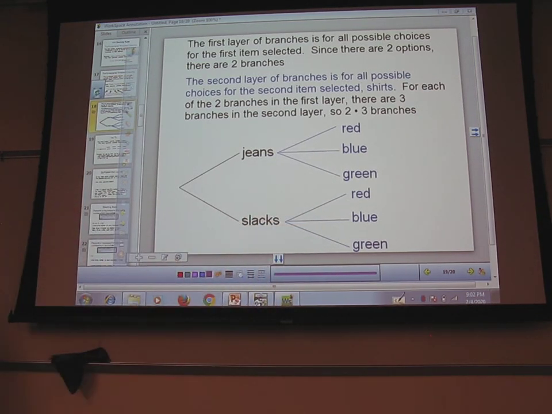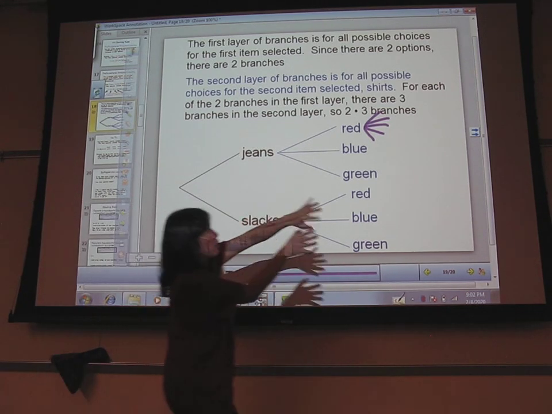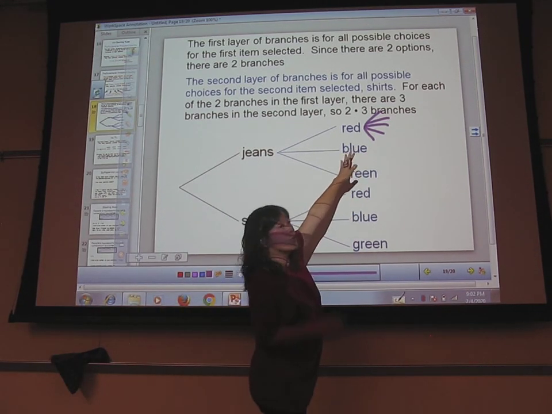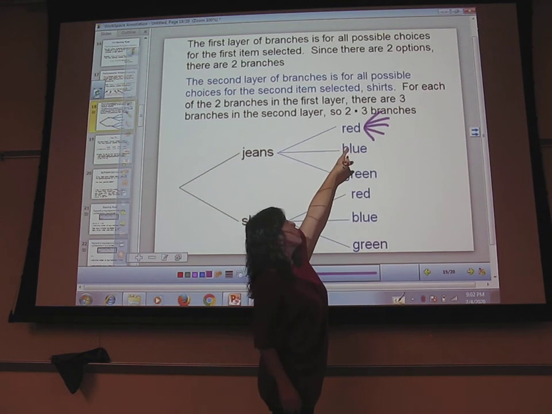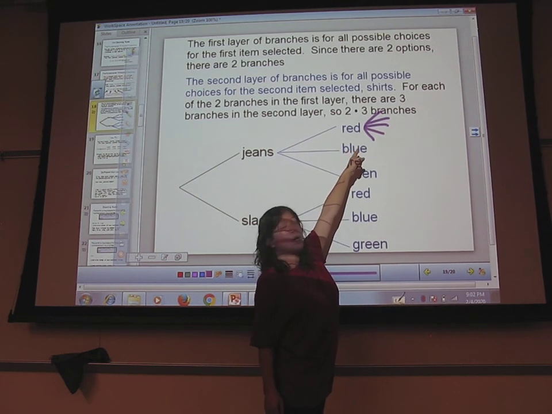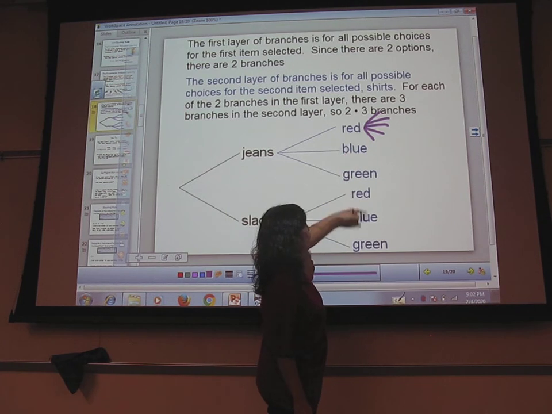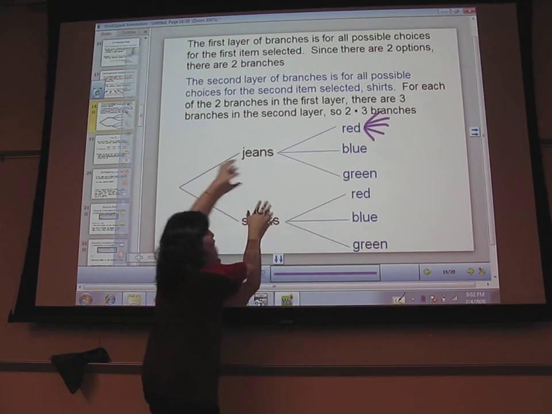Then my next thing is what? 5 shoes. 1, 2, 3, 4, 5. So I have this kind of branch with 5 branches. How many groups of 5 am I going to have? 6. 1, 2, 3, 4, 5, 6. Why are there 6? Because I have a group of 3 times a group of 2.